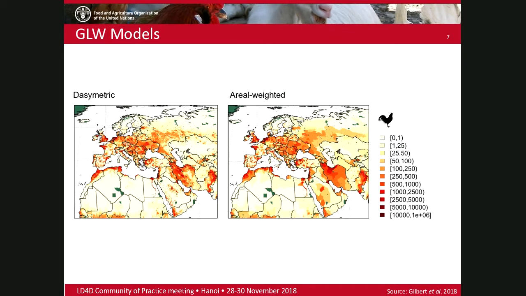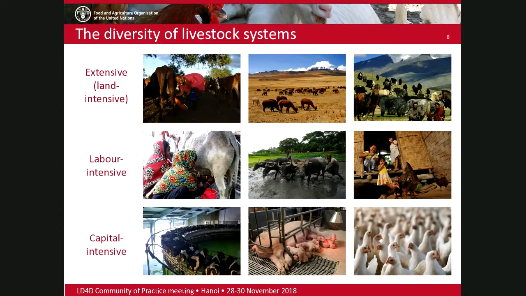It's important to note these livestock distribution maps are of limited value in their own right, because the livestock need to be taken in context, of course. So the diversity of livestock systems is super important to bear in mind when doing analyses with these. This slide gives an idea of the diversity of livestock systems.